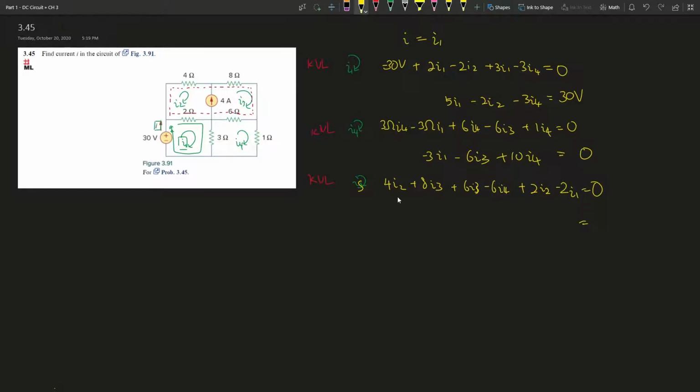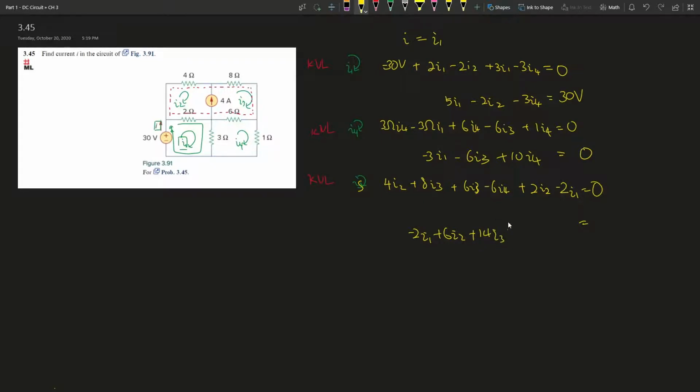So in that case, we simplify this equation. So negative 2I1. How many I2s are there? 2 of them. So that's 6I2. There are going to be 2 I3s as well. So that's 6 plus 8, that is, let's see, 14.